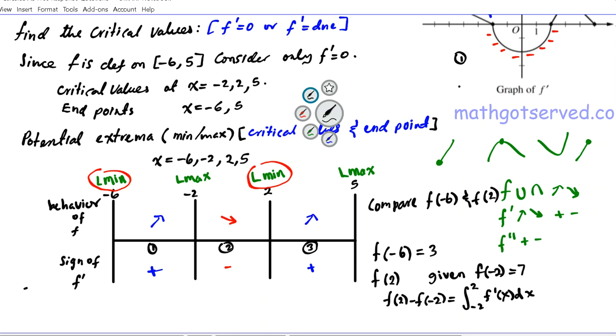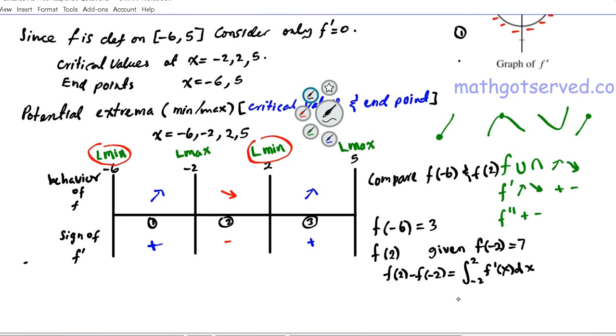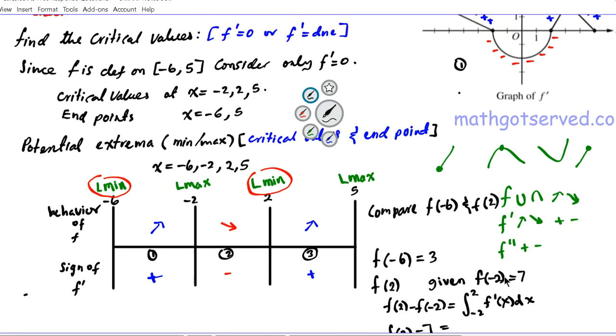That's what we did earlier when we were doing the first part. So here we have f of 2, and f of -2 is 7. So f of 2 minus 7 is equal to the integral from -2 to 2, which is just the area, because the integral and the area between the function and the x-axis are the same thing.